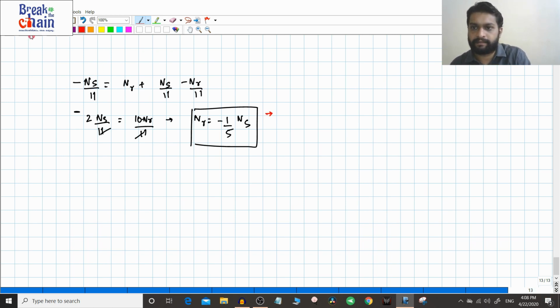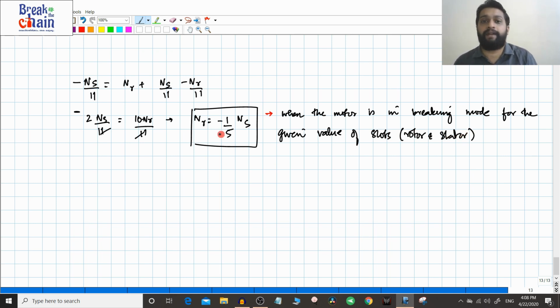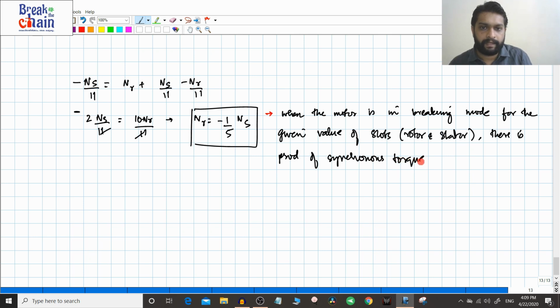So this means that when the motor is in the braking mode, for this particular configuration and the given value of slots of the rotor and stator, there is production of synchronous torque at the speed nr equal to minus 1 by 5 ns.